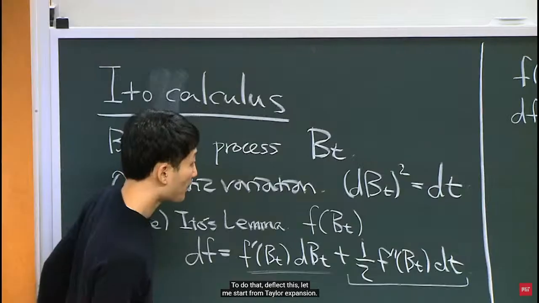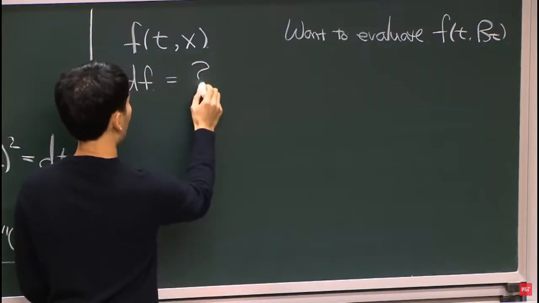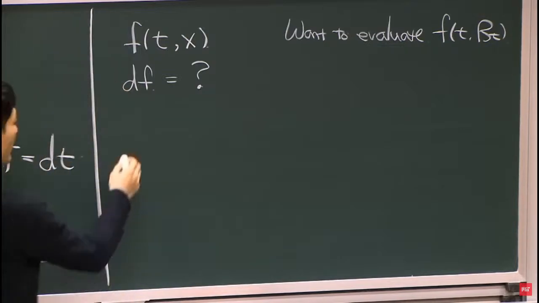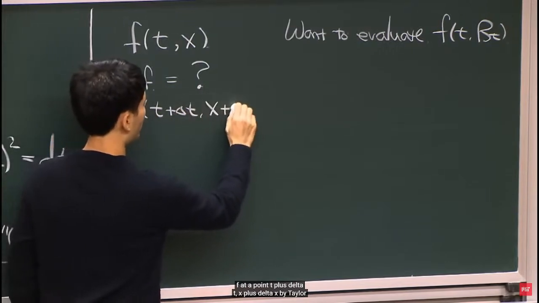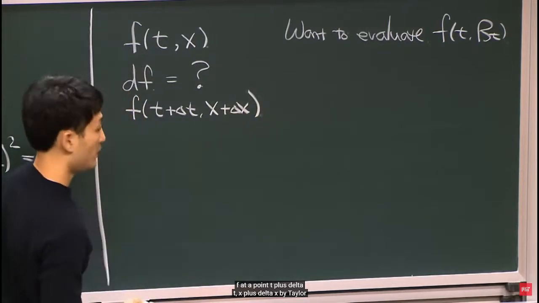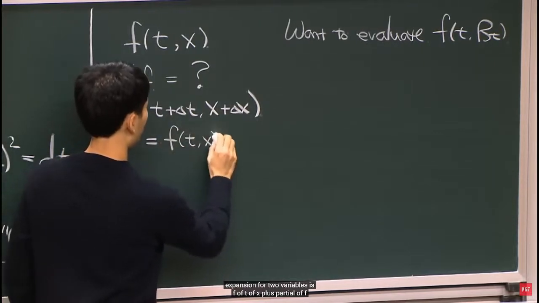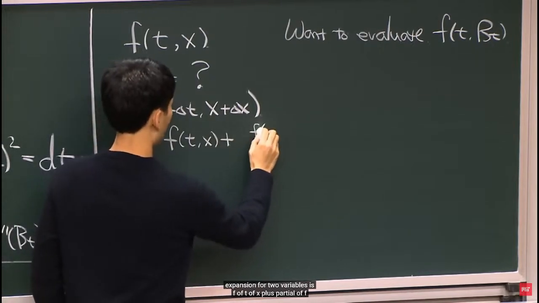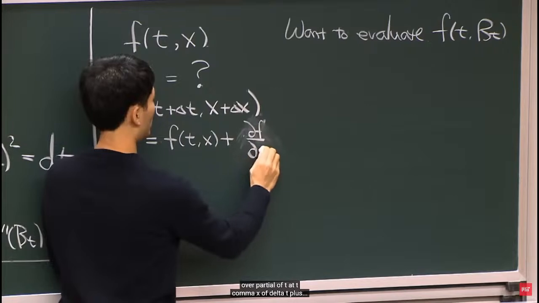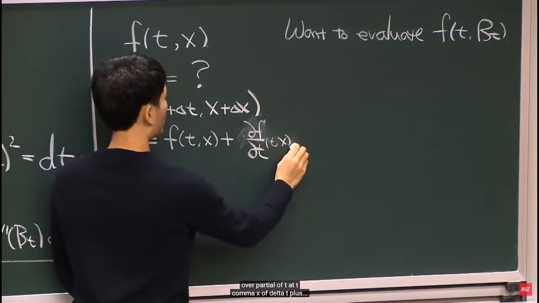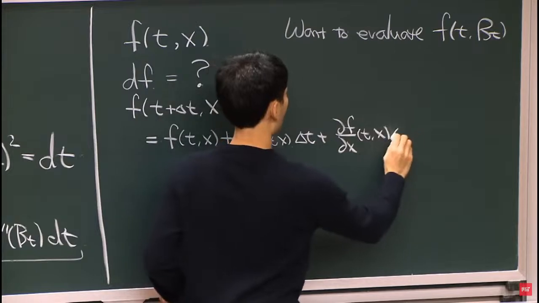To do that, let me start from the Taylor expansion. f at a point (t plus delta t, x plus delta x), by Taylor expansion for two variables, is f of (t, x) plus the partial of f over partial of t at (t, x) times delta t plus the partial of f over partial x times delta x.